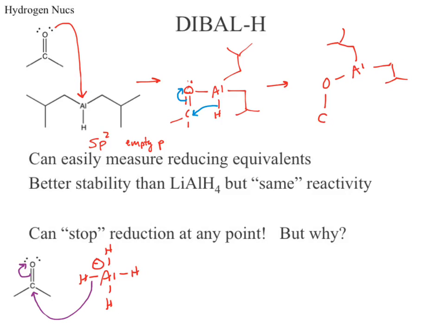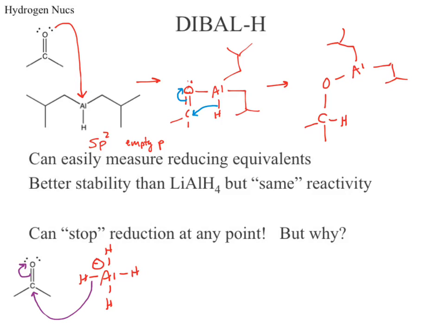There we go. Same overall result. We've added the hydrogen to our electrophilic carbon. Okay, but we did it in a slightly different order. And that order had to do with the reactivity of our hydride nucleophile, or how it's getting into that. Okay. Now what happens at the end of this?